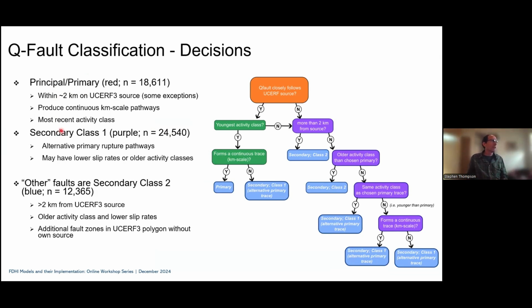We're trying to figure out what kind of useful classification system can separate out the different traces in a way that can be useful for characterizing hazard at a statewide level.